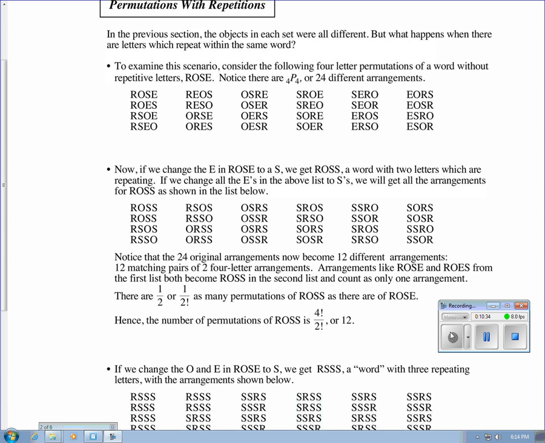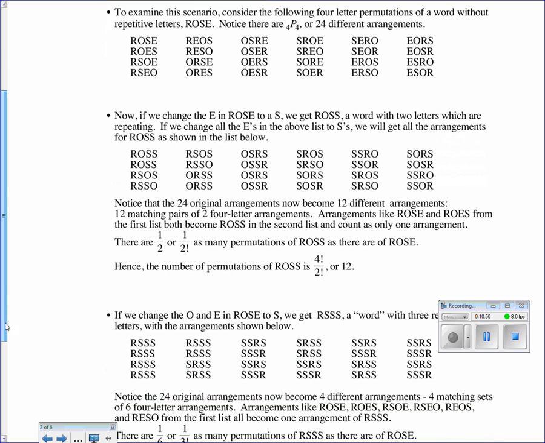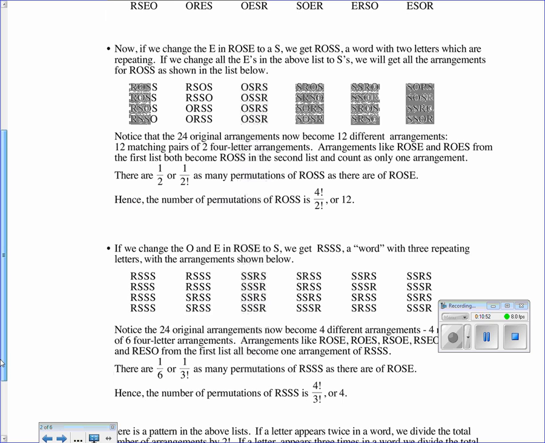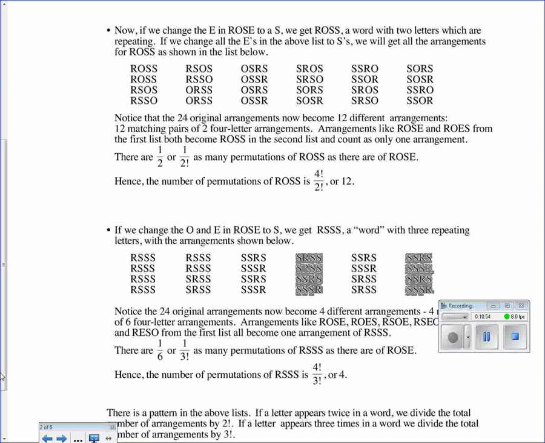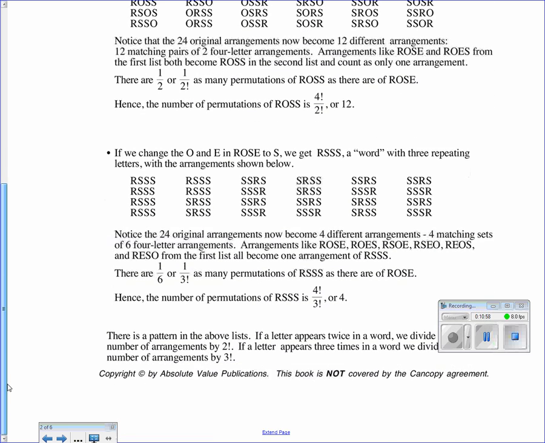But if two of the letters are the same, I actually have 12 different arrangements. And if I change the word Ross to RSS, 3 letters are the same, I actually end up reducing the number of unique arrangements to 4.